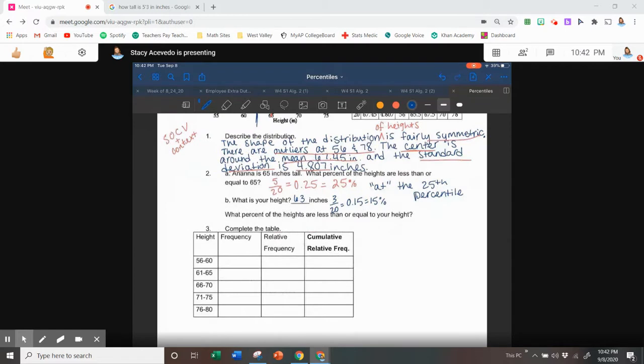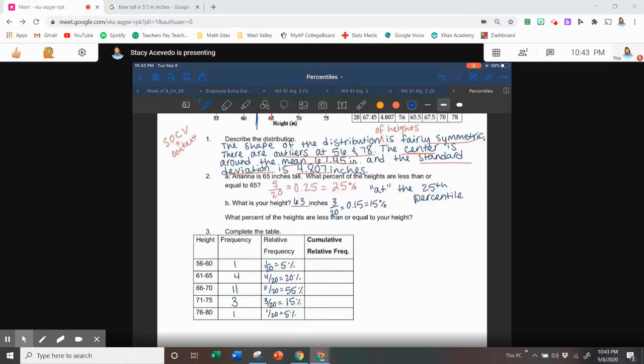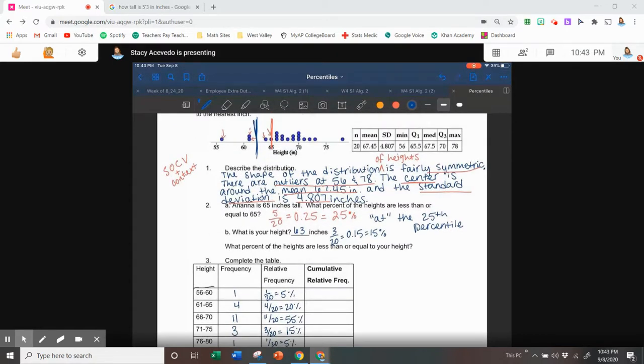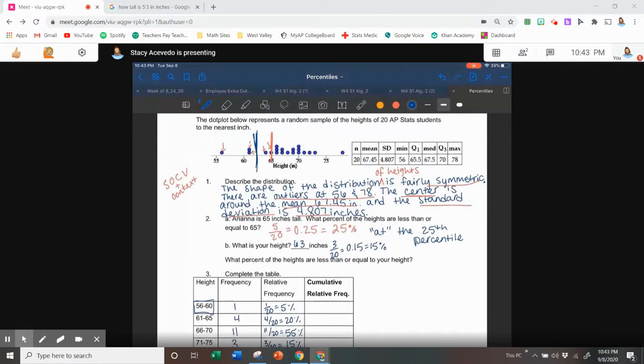So now we're going to work with our frequency, relative frequency, and cumulative frequency. So go ahead and find the frequencies and the relative frequency. All right, so if we look here, the number of dots that are between 56 and 60, there's just one dot.